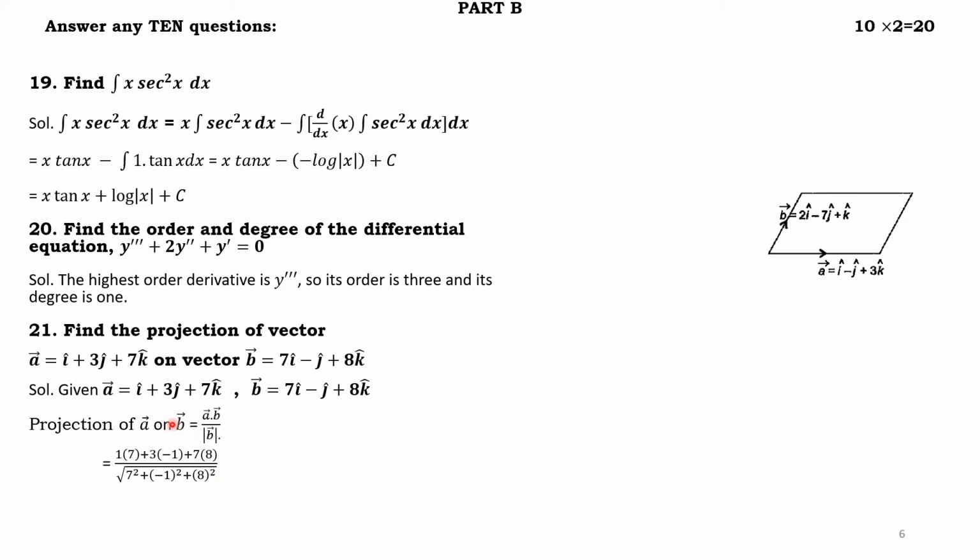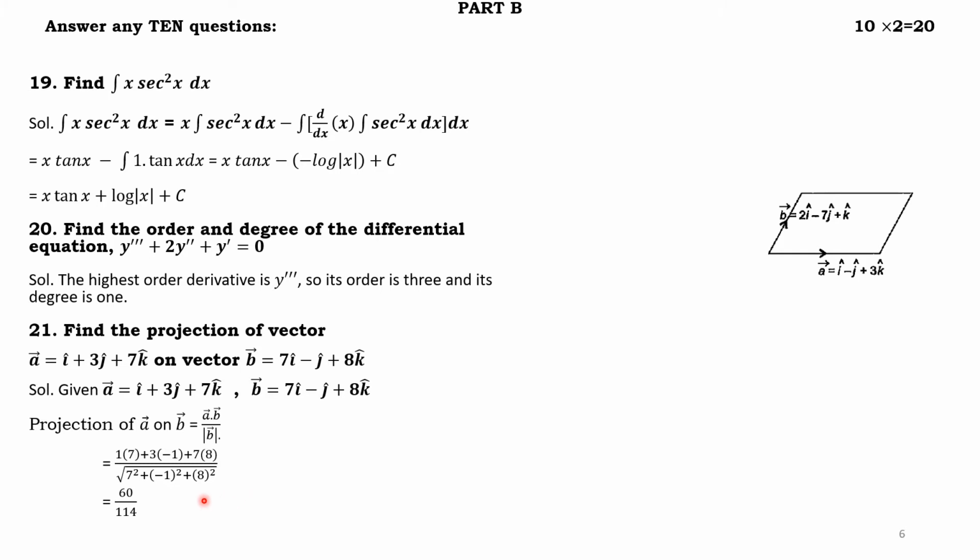That is 7 squared plus 1 squared plus 8 squared, the coefficients of the unit vectors of B.